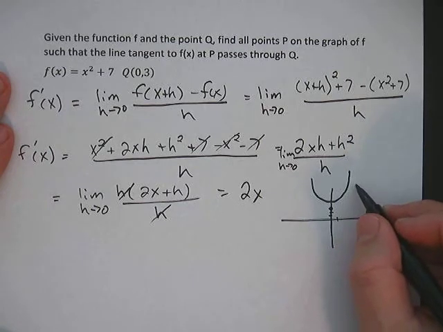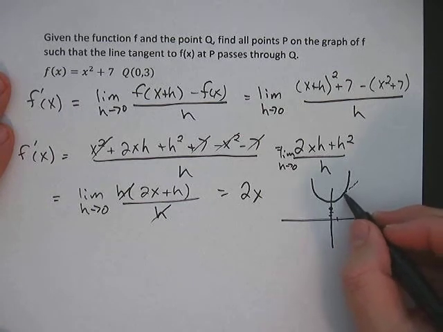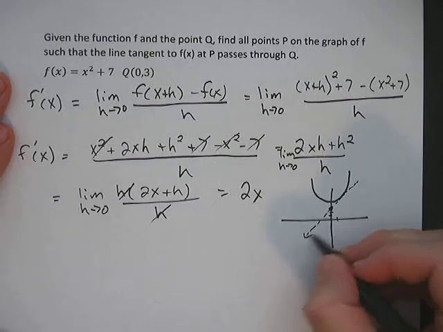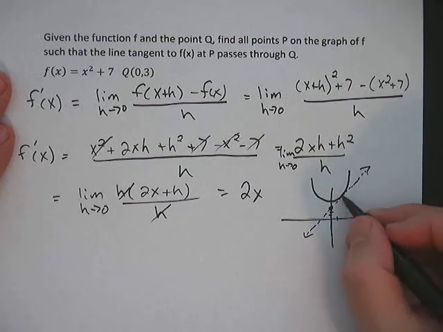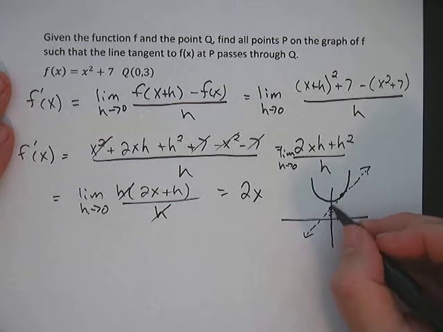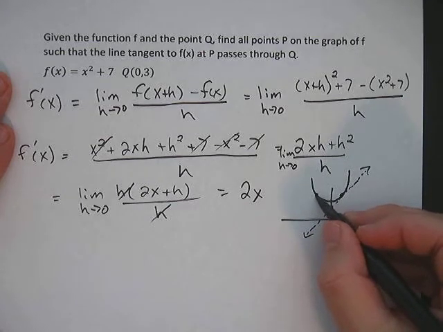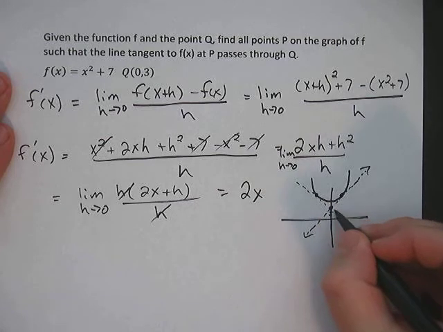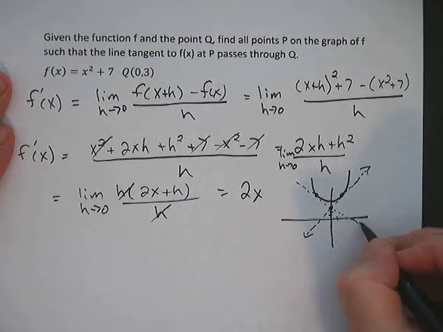A possibility could be here. The tangent line would be the tangent at that point on the graph, but it goes through this point over here. Another possibility would probably be over here. Those are just estimates.